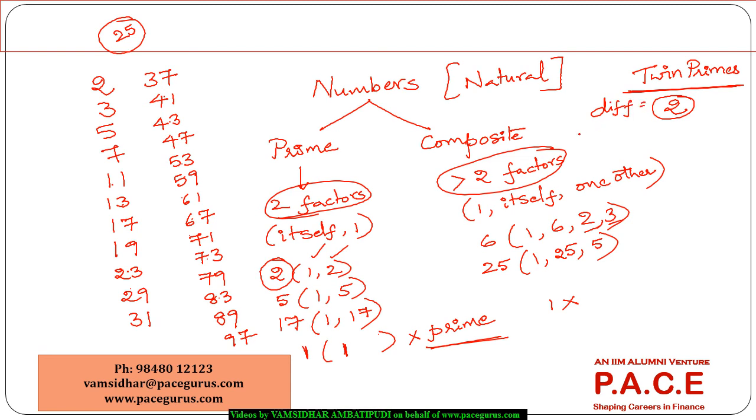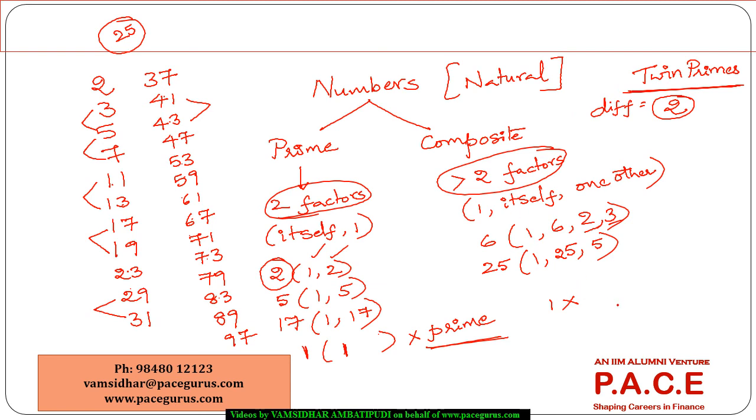Wherever we see the difference is 2, we call them twin primes. 3 and 5 is a twin prime. 5 and 7 is a twin prime. 11 and 13, 17 and 19, 29 and 31, 41 and 43. Like this, you find there are a few twin primes where the difference between the prime numbers is exactly 2.